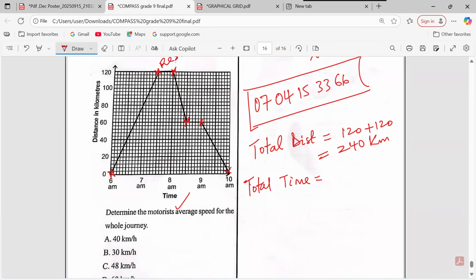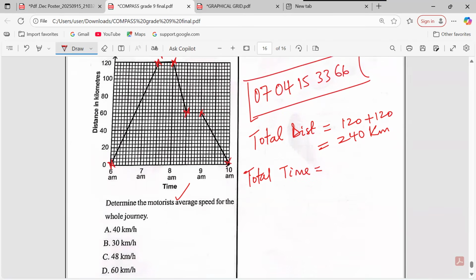Total time taken. Now, from 6 all the way to 10 a.m., there was journey. So we talk about total time, whether this motorist was resting or continuing with motion. We just check the total time taken. Therefore, from 6 to 10, it should be 1 hour, 2 hours, 3 hours, 4 hours.